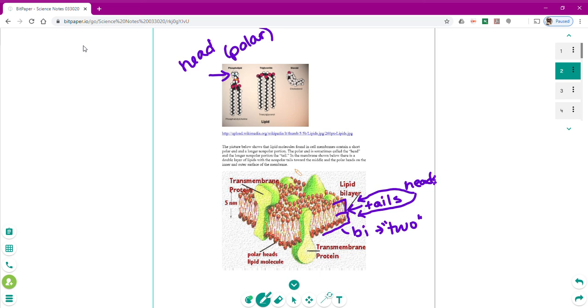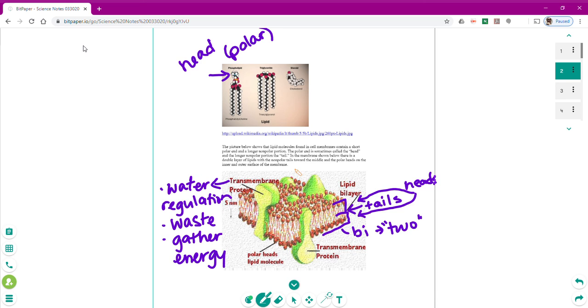So a transmembrane protein can serve for water regulation, waste disposal, okay? It can serve to gather energy.